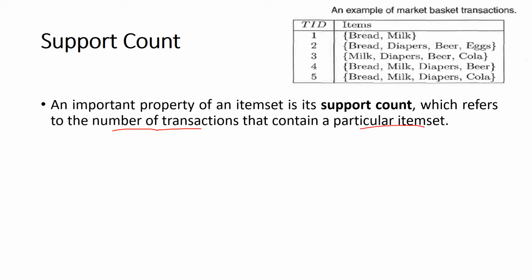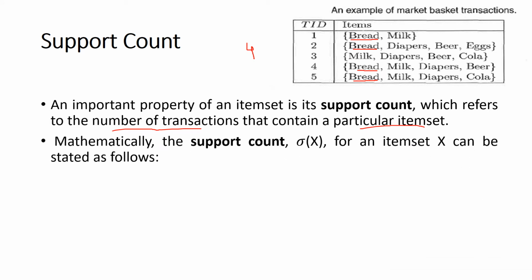Let us look at the support count for bread. Transaction 1 has bread. Transaction 2 also has bread. Then transaction 4 also has bread, and transaction 5 also has bread. Therefore, the support count for bread is 4.